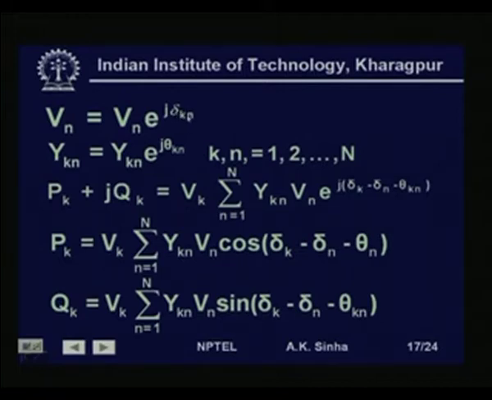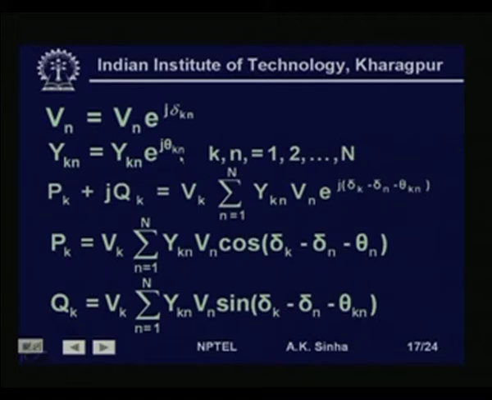And Ykn, the admittance, is equal to the magnitude Ykn into e to the power j theta kn, where theta kn is the angle of the impedance.